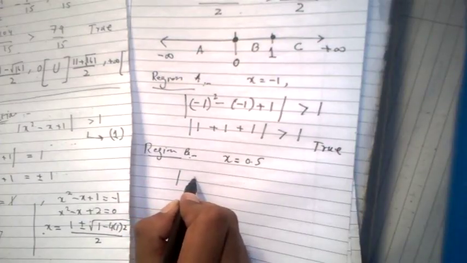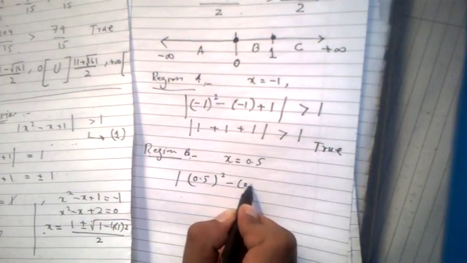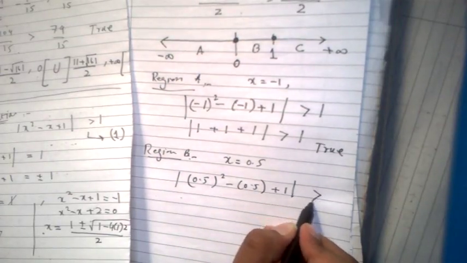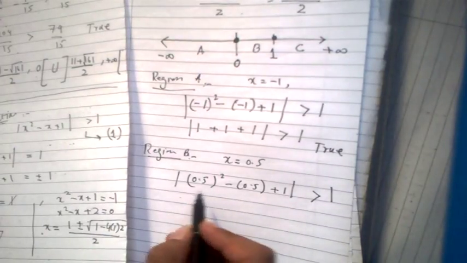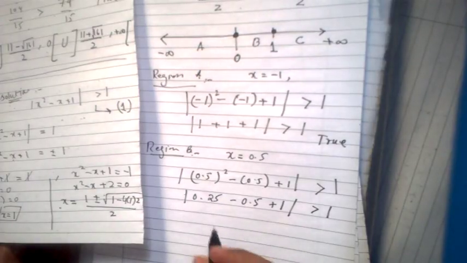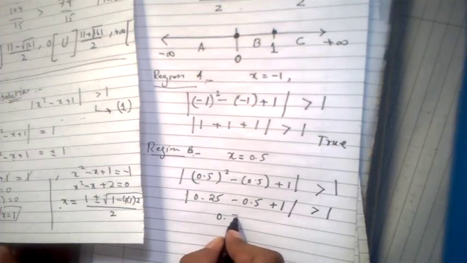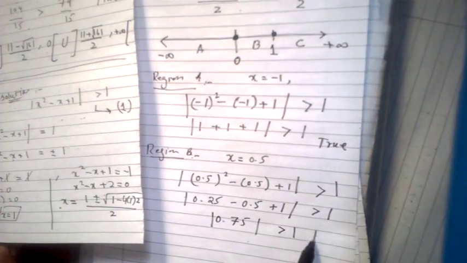You will get 0.5 whole square minus 0.5 plus 1, is it greater than 1? This comes out to be equal to 0.75, absolute value greater than 1, and this is false.